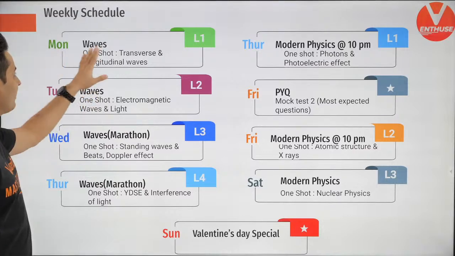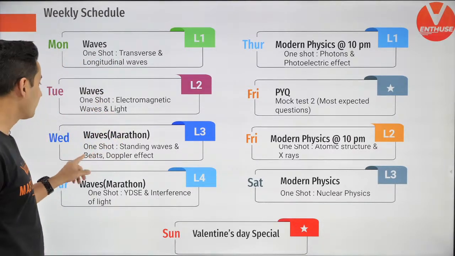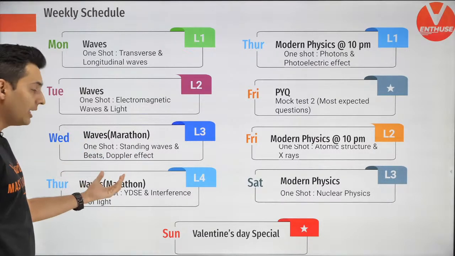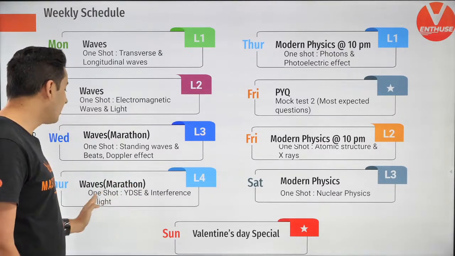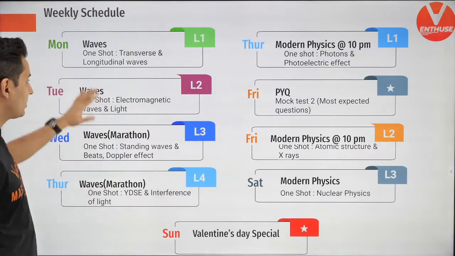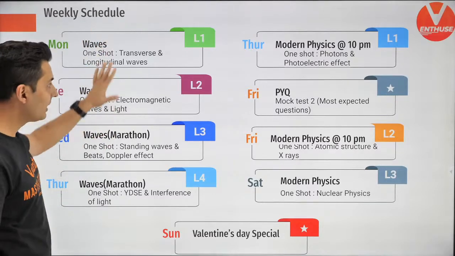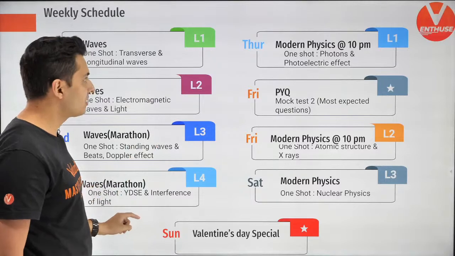Waves, transverse, longitudinal. Then tomorrow, electromagnetic and light waves. And Wednesday, we're going to do Doppler effect, standing waves, beats. And then on Thursday, Young's double slit experiment and interference of light related problems. So in these 4 lectures, all the concepts of 11th and 12th related to waves will be completed. Some of them are also marathon heavyweight sessions.